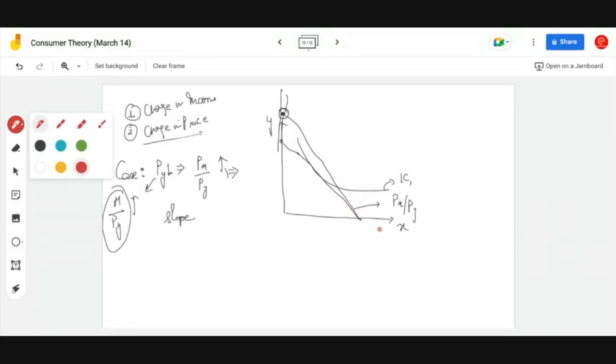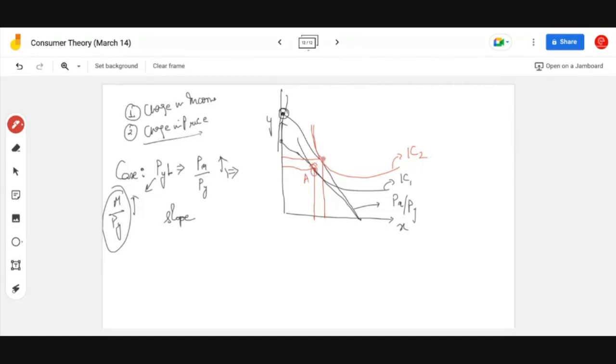Now, when there is a change in the budget line, what happens? This budget line is on the right-hand side of the original budget line. This means that we can afford goods on a higher indifference curve. So this is IC1, and let's call this IC2. Earlier our point of consumption was this point, now we are consuming at this point.